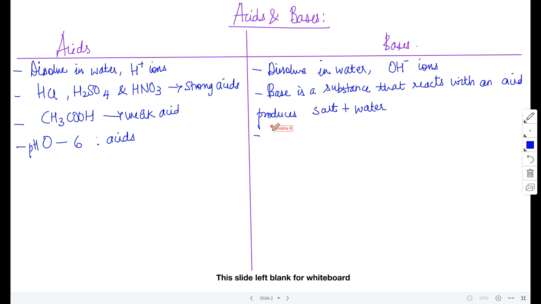Sodium hydroxide, NaOH, and potassium hydroxide, KOH, are strong alkalis.